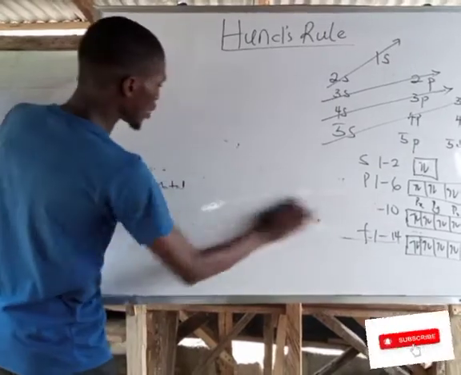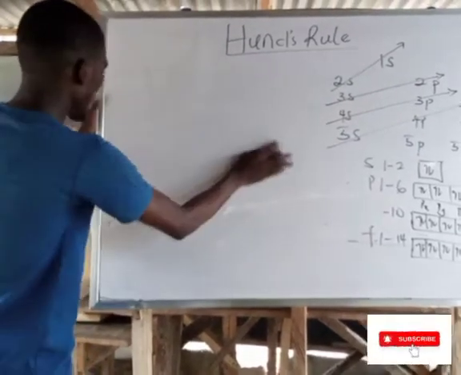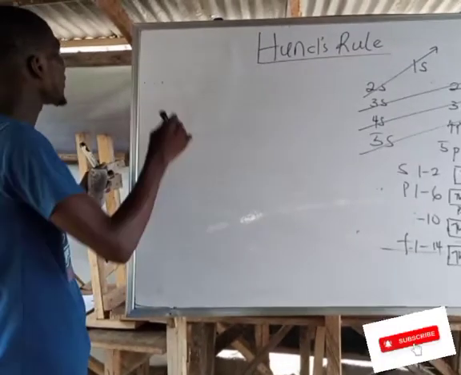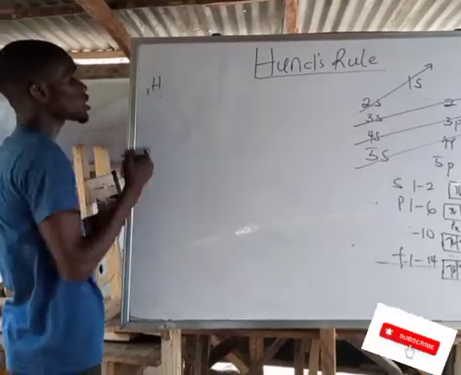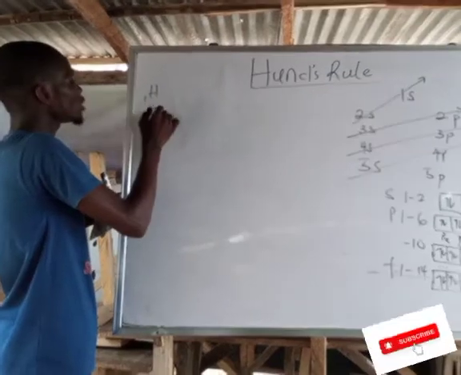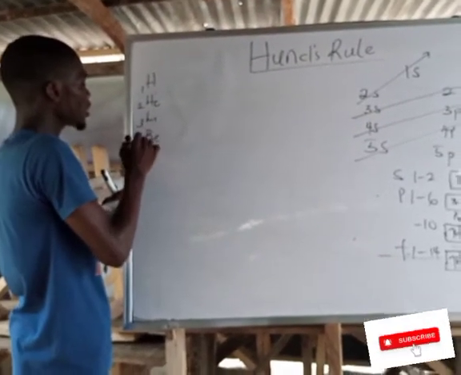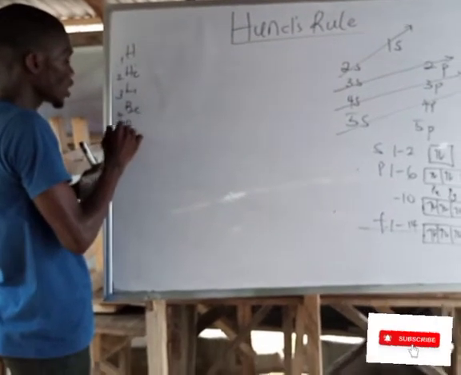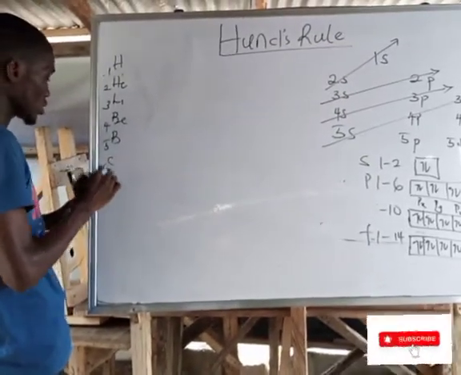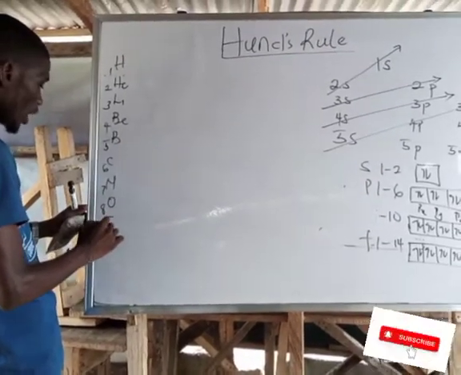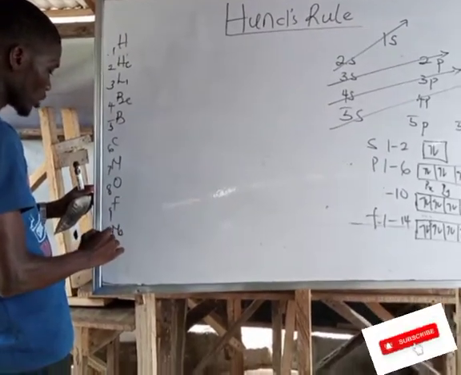Before I move to Hund's rule, I would love to show you the first 10 elements' electronic configuration. So we have hydrogen with atomic number 1, helium 2, lithium 3, beryllium 4, boron 5, carbon 6, nitrogen 7, oxygen 8, fluorine 9, and neon 10.